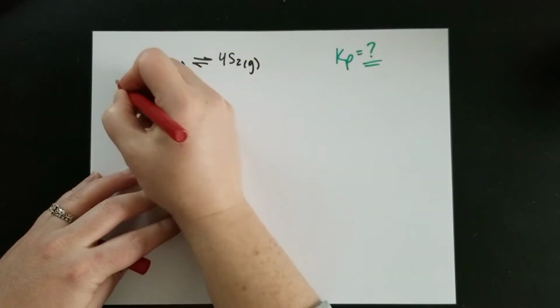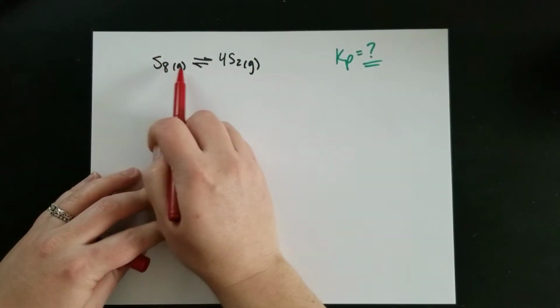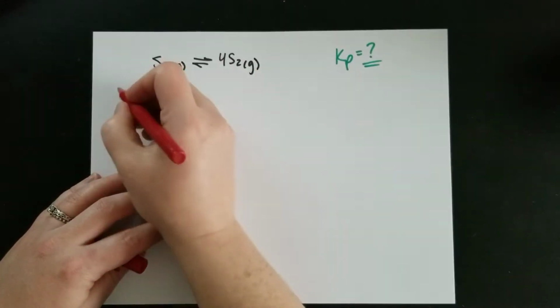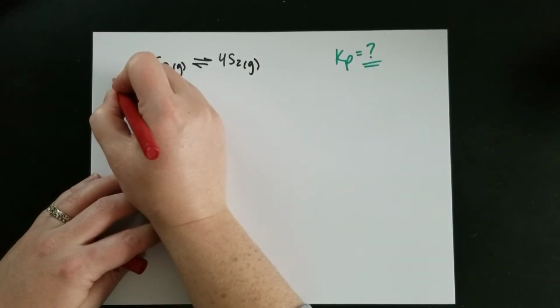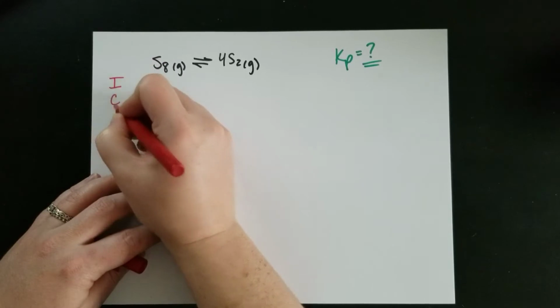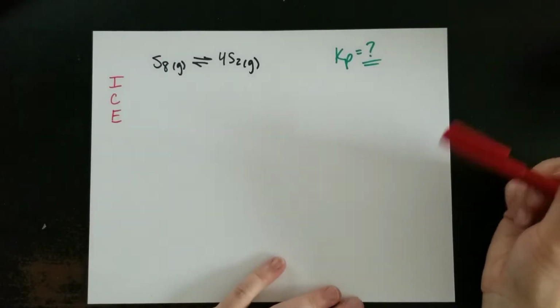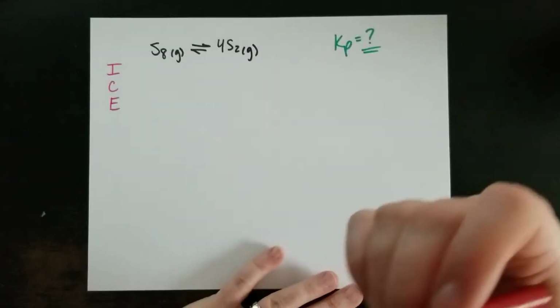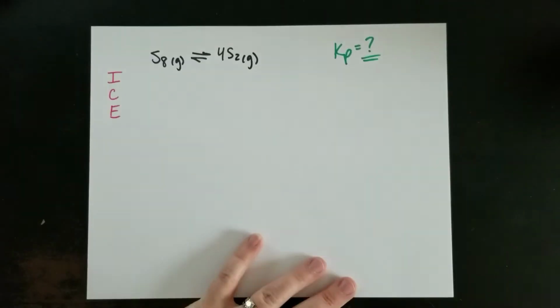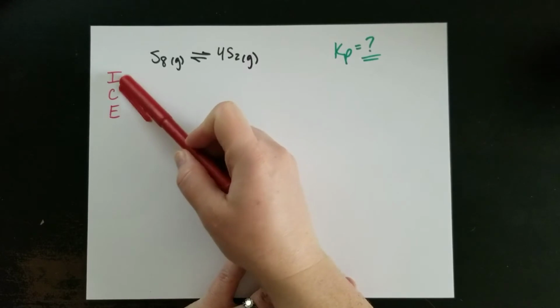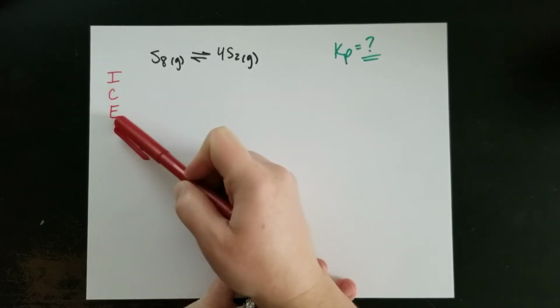Rice comes from the fact that you would start off by calling your reaction the first row in this procedure, and then ICE is what comes after the reaction. I tend to prefer to use the term ice because these are the rows that we're actually going to be filling out.